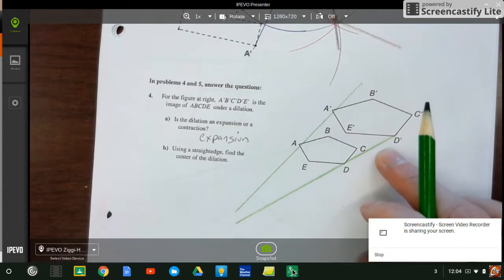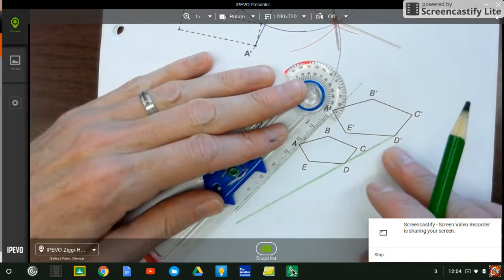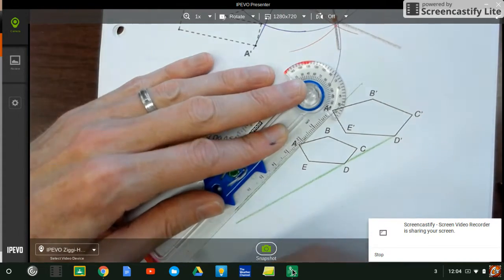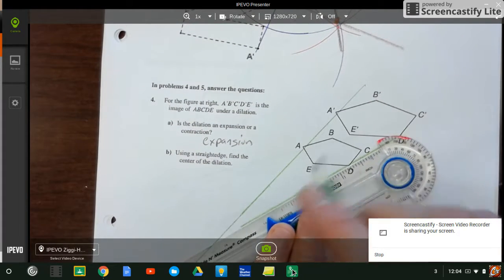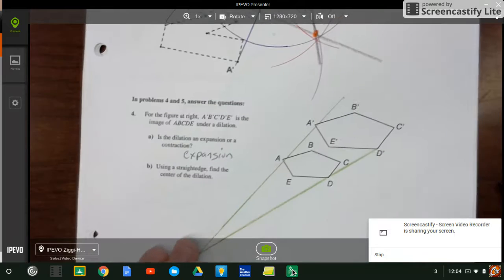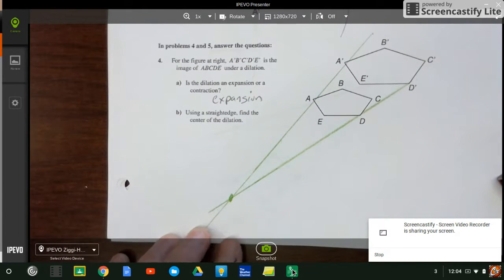Yeah, I need to extend my line just a touch. Extend the other one some. Okay, easy enough. I can find my point to be right there.